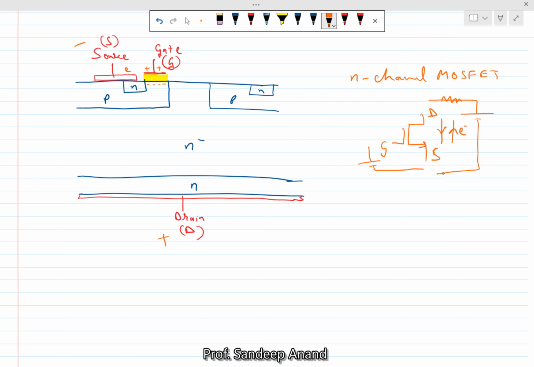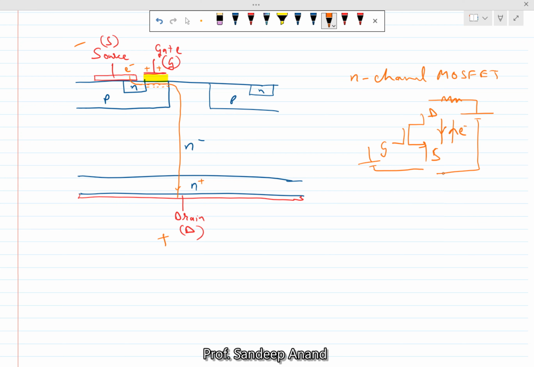So if an electron from the source enters this N region, then this channel is also formed of electrons. So this electron goes through here and then through the N minus and N plus region, it finally comes out. So this is how the MOSFET conducts in the on state if you apply a positive gate voltage.